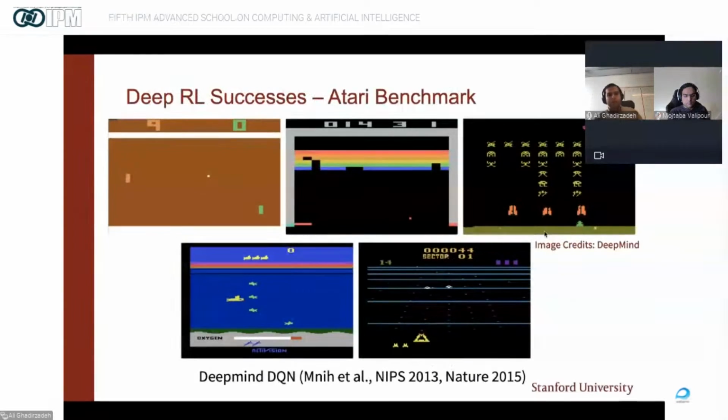Before I go into robotic reinforcement learning, I would first like to give a very short overview of deep reinforcement learning successes in different benchmarks. The first one is Atari. I'm hoping that most of you are already familiar with this. DeepMind in 2013 showed for the first time that you can learn reinforcement learning policies that play different Atari games from raw images.